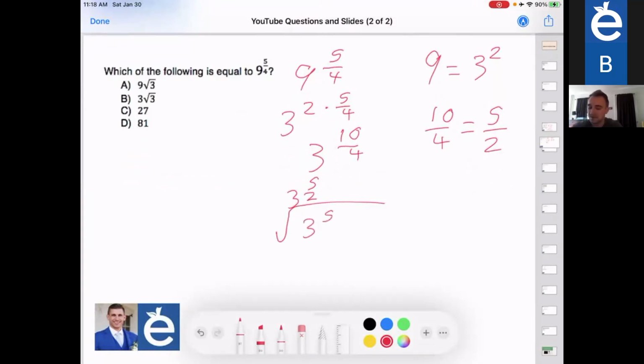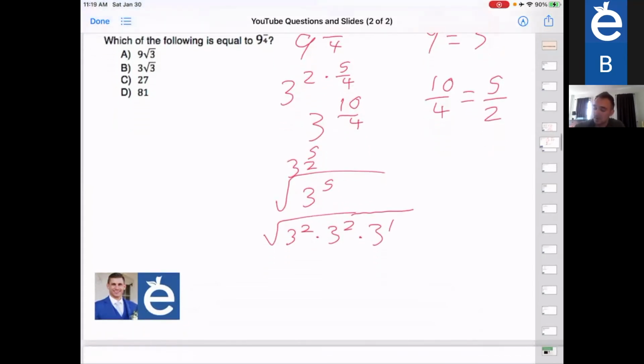I want to think about this. How can I write out copies of this 3 term that would be compatible with the square root? Well, I could do 3 squared times 3 squared times 3 to the 1st, right? 2 plus 2 plus 1 takes care of all of these copies of 3 that I have.